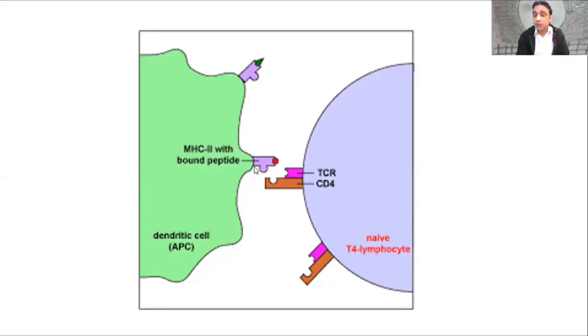What will happen? This red stuff is not here. ये red stuff यहाँ पे नहीं होएगा. This red stuff means the antigen, the macrophage bringing an antigen. If the macrophage is not bringing anything, this red stuff is not there. So what will happen? When this connection is established, the TCR will touch an empty MHC.